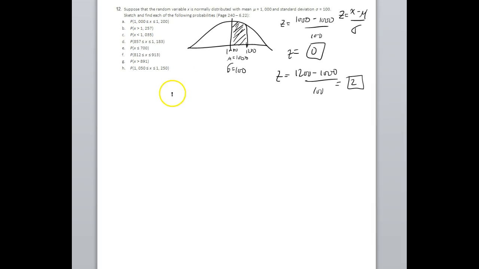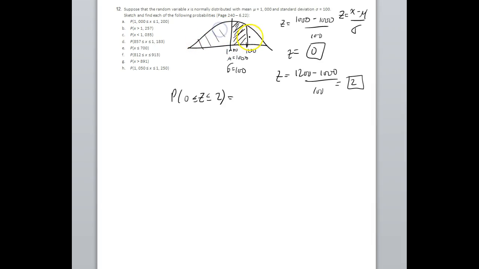So now we want the probability that z is between 0 and 2. We could measure the probability that z is less than 2, and then subtract off the probability that z is less than 0.